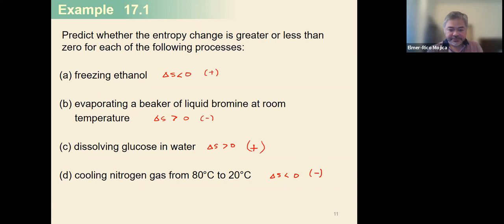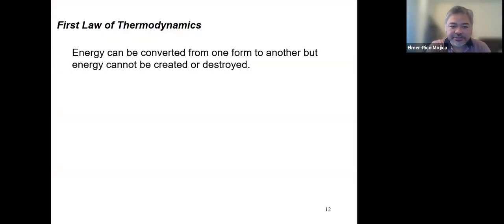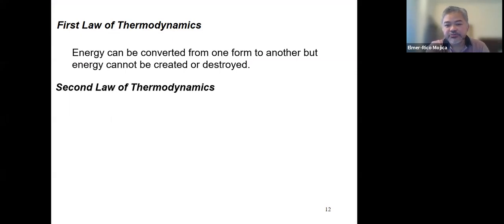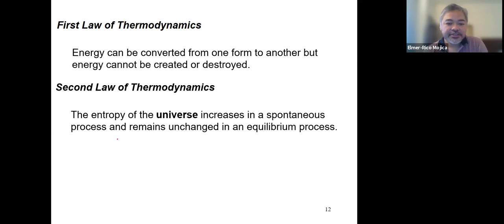Now, in Gen Chem 1, you learned about the first law of thermodynamics: energy can be converted from one form to another, but energy cannot be created nor destroyed. In Gen Chem 2, you will learn more about the second law of thermodynamics. In the second law, the entropy of the universe increases in a spontaneous process and remains unchanged in an equilibrium process.